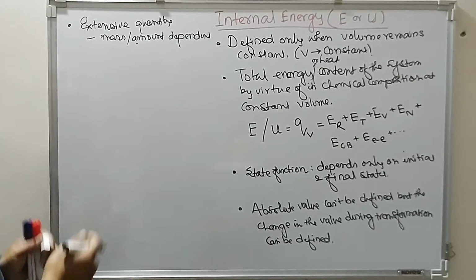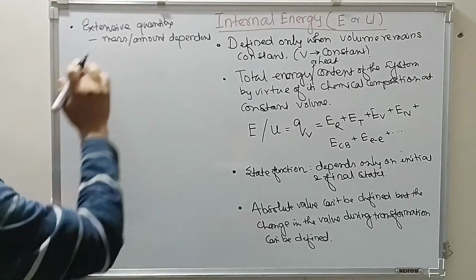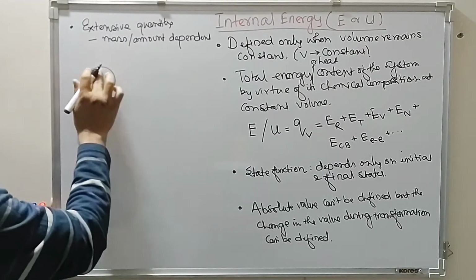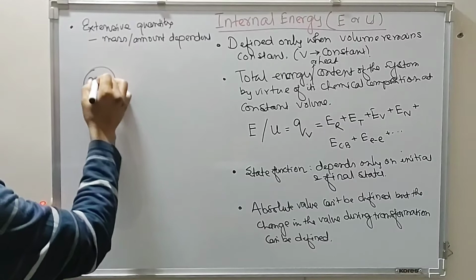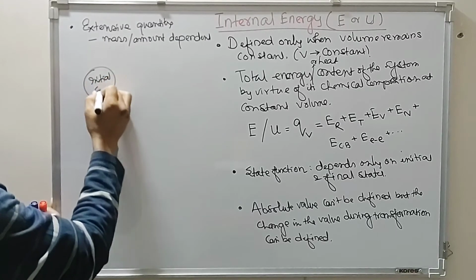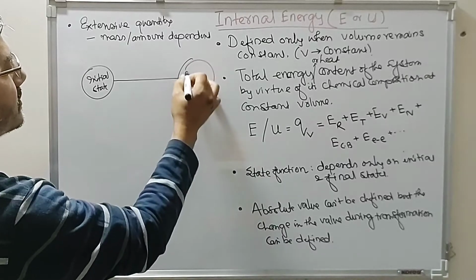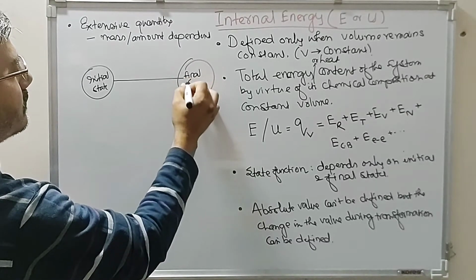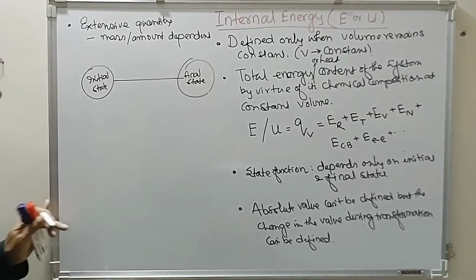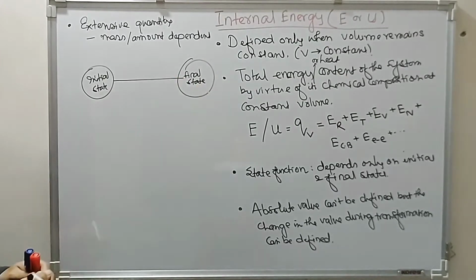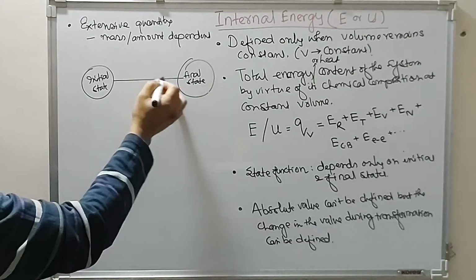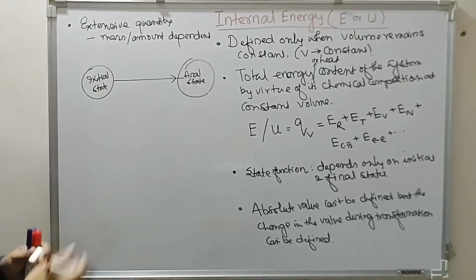So suppose we have a system, and this system is changing from the initial state to the final state. Now the system is moving from the initial state to the final state.